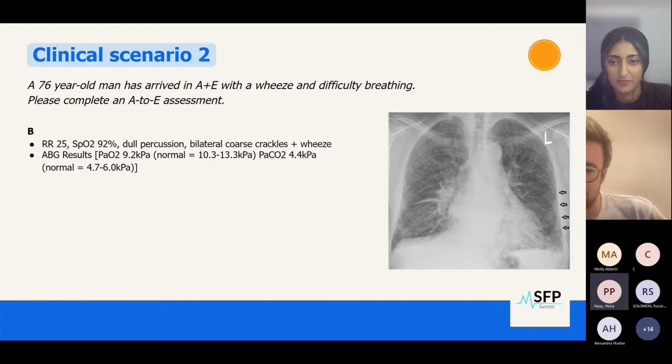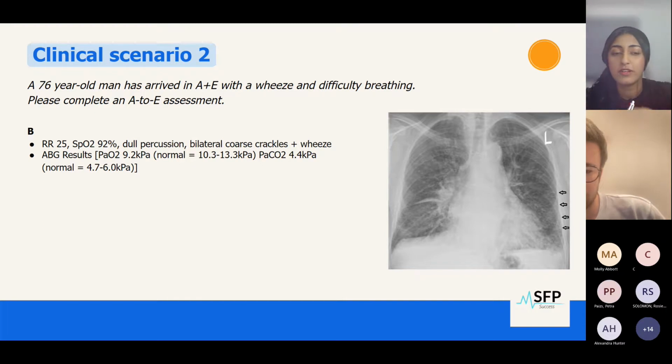No. There appear to be tram track lines, I think. Okay. And there seems to be some consolidation, white and patchy, bilaterally. Yeah.